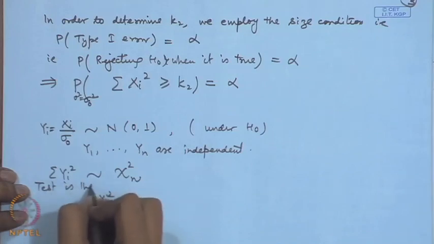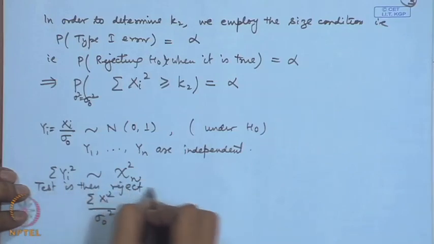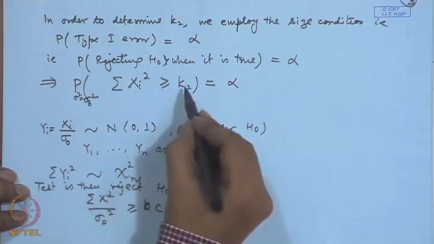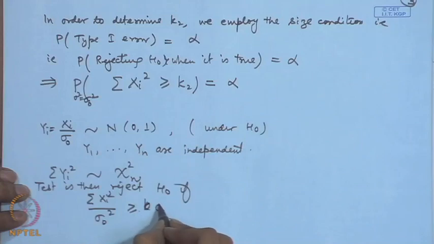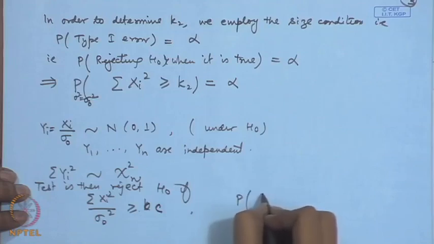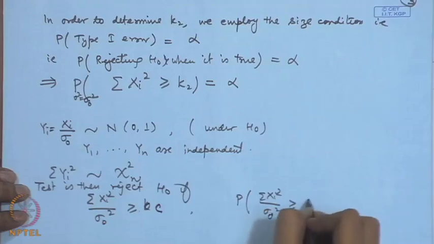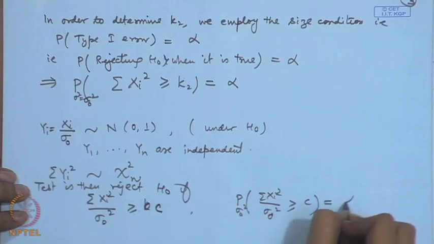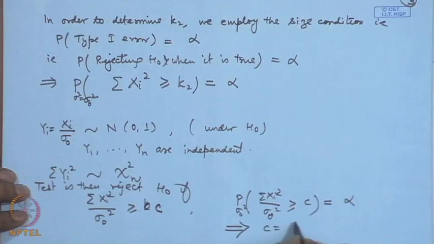Test is then reject h naught if sigma x I square by sigma naught square is greater than or equal to k 2 by sigma naught square, which I write as c here. Now, if we want probability of sigma x I square by sigma naught square greater than or equal to c, when sigma naught square is the parameter value, to be alpha, then this implies that c should be chi square n alpha.